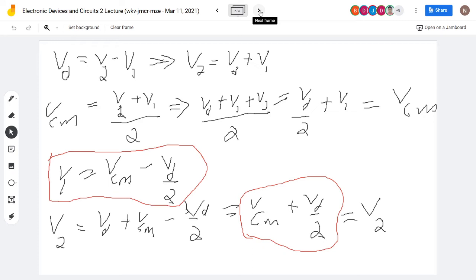V2. Yeah, but what is V2 in terms of VD and VCM? VD over 2 plus VCM. So V2 is VD divided by 2 plus VCM.